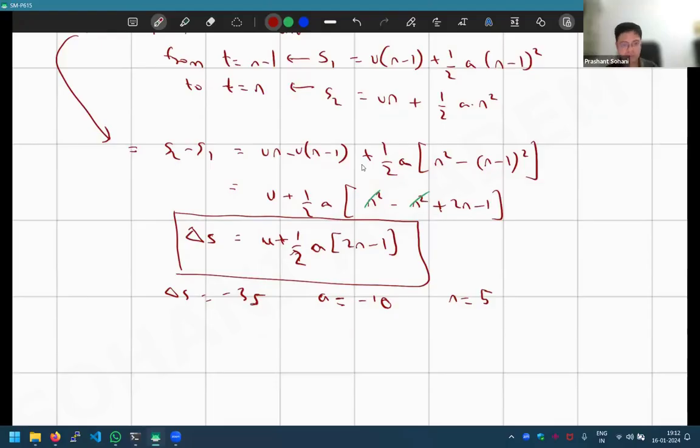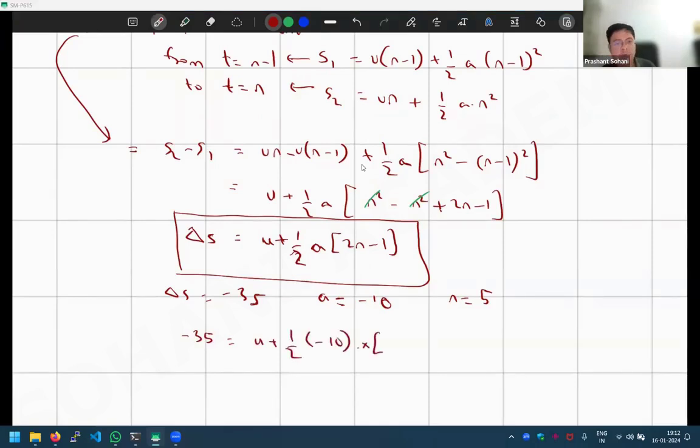So let us just do that quickly. So I'm going to get minus 35 is equal to, so I just can keep u to one side and take everything to the other side, right?